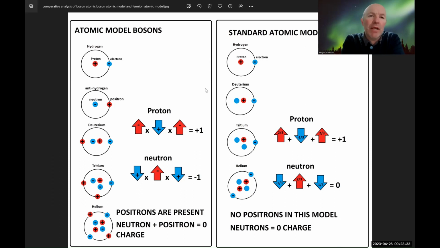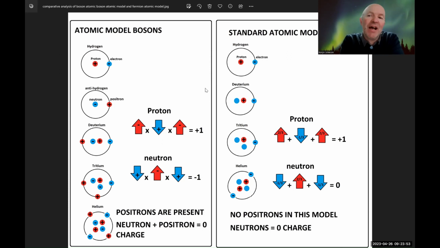It needs to be reconsidered in light of the new charge parity solution that is being offered by this new model. And this new model allows us to reconcile between the cosmological model and the atomic model.